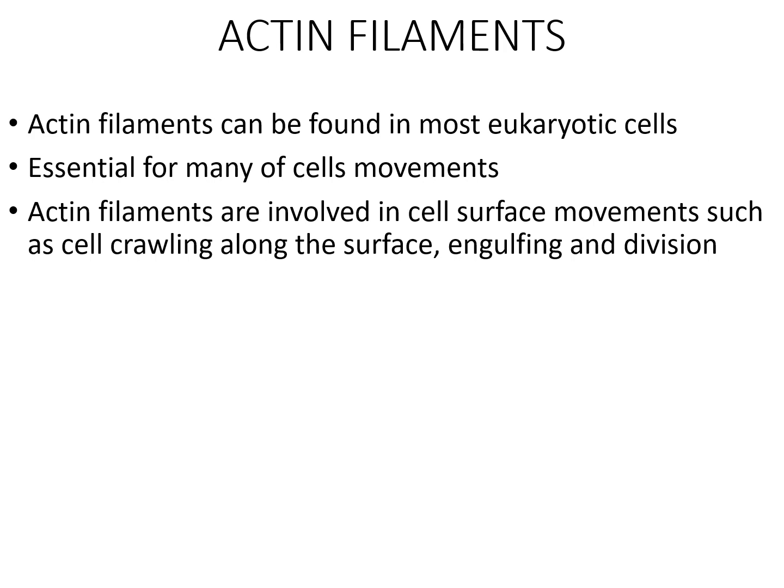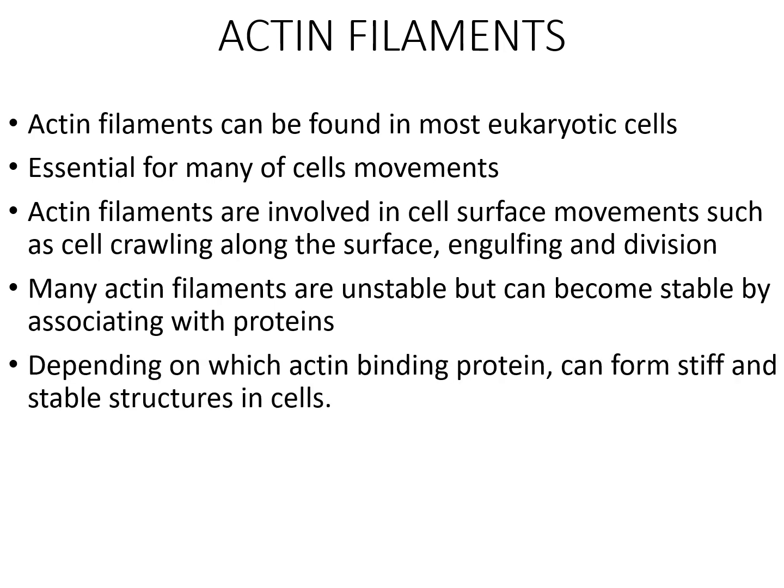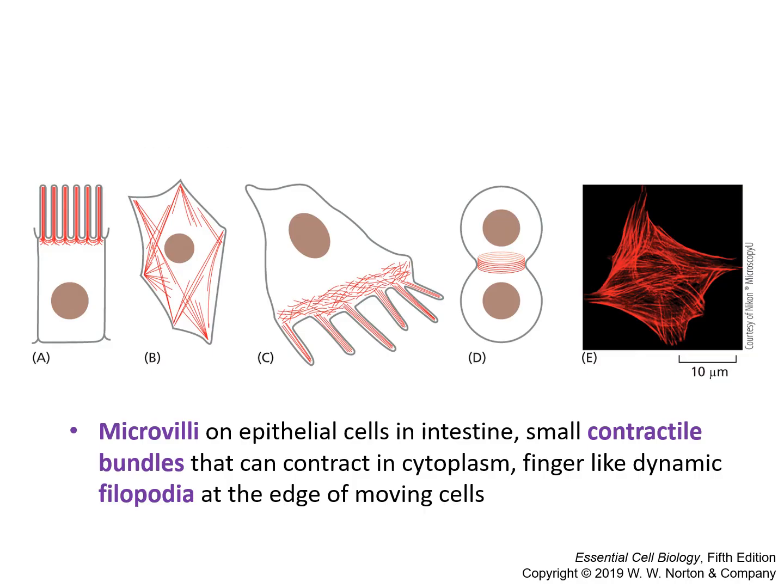Similar to microtubules, actin filaments are unstable, but they also can become very stable by associating with other proteins, and these proteins are called actin binding proteins. Depending on which actin binding proteins these filaments and monomers associate with, they can make very durable, stable structures in cells.